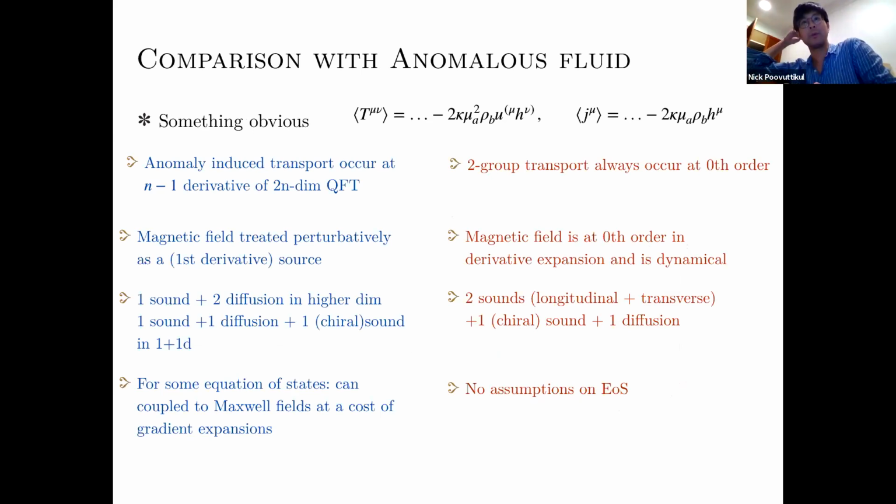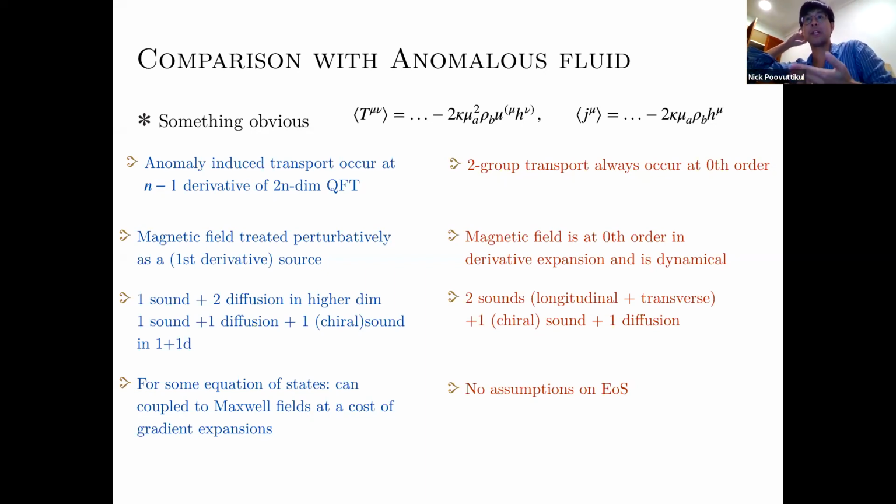So what are we doing here? You can also ask how this is really different from the anomalous fluid. Let's say I have an anomalous fluid with mixed anomaly and I add the Maxwell field, how would it differ? Usually, as I mentioned earlier, the anomaly transport occurs at order n-1 in the derivative expansion for a 2n-dimensional field theory.